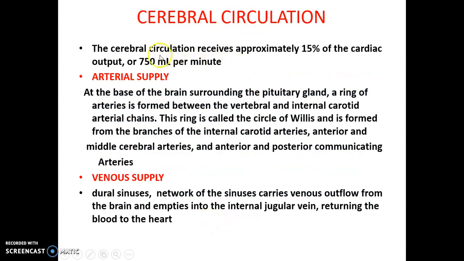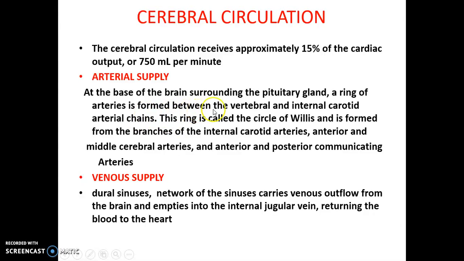Cerebral circulation. The cerebral circulation receives approximately 15% of the cardiac output, around 750 ml per minute. The arterial supply is at the base of the brain, surrounding the pituitary gland. A ring of arteries is formed between the vertebral and internal carotid artery chains.